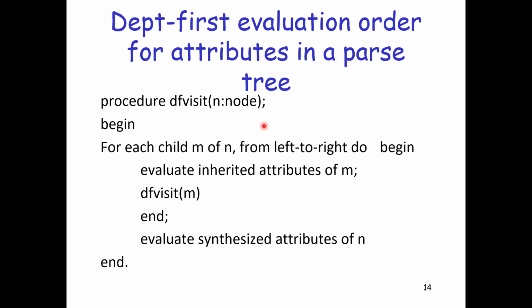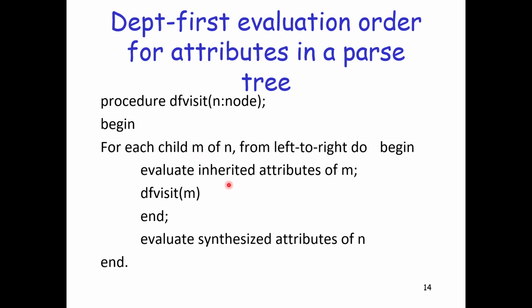Then what is this depth first evaluation? If we are given a parse tree, this is the procedure: we enter the node. Suppose this is the node n, and there is a child for the node, the child is m. From left to right we can begin the evaluation of the inherited attributes of the child node m.